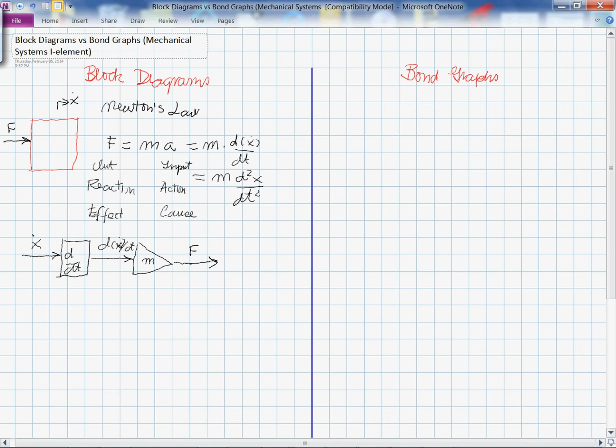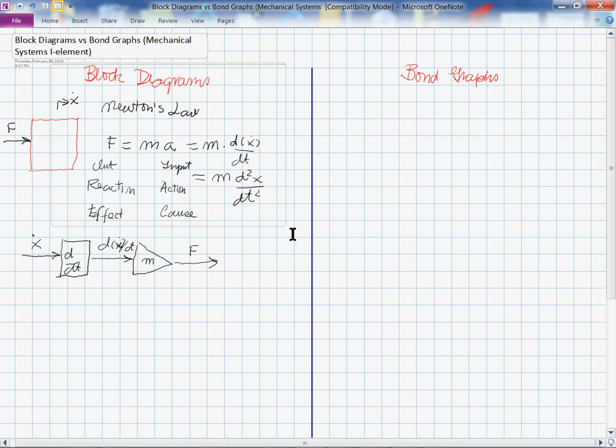So what we have done is actually draw a block diagram of the differential equation. That's basically what has happened here. We have this equation up here, and we have the corresponding block diagram in here.